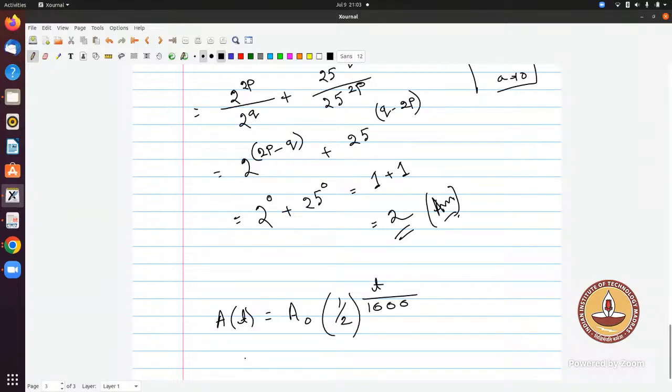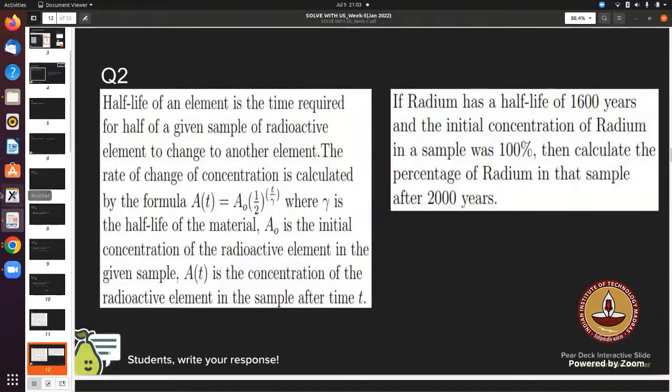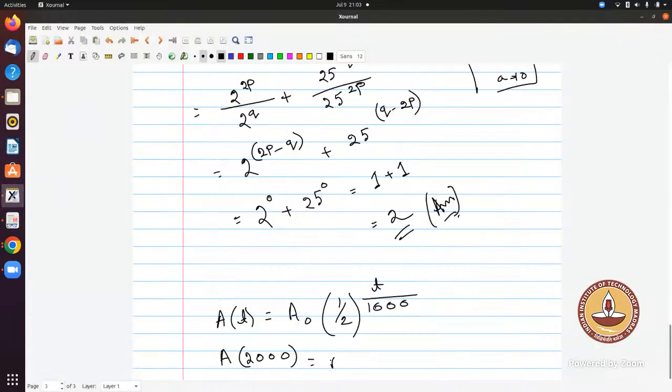And after 2000, that is what we have to calculate, right? After 2000 years, what is the amount? Is it clear to everyone?